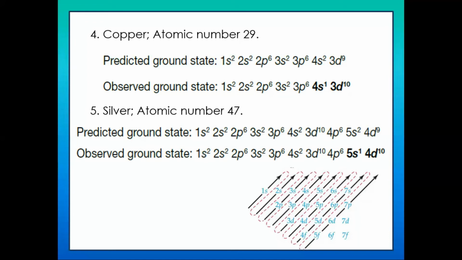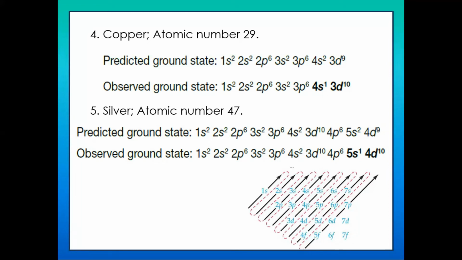In most cases, the given examples or the given items are representative elements. Okay? So don't get confused there. Again, if the given item is an element found in the inner or transition elements, you have to be mindful of the proper way of writing their ground state electron configuration.